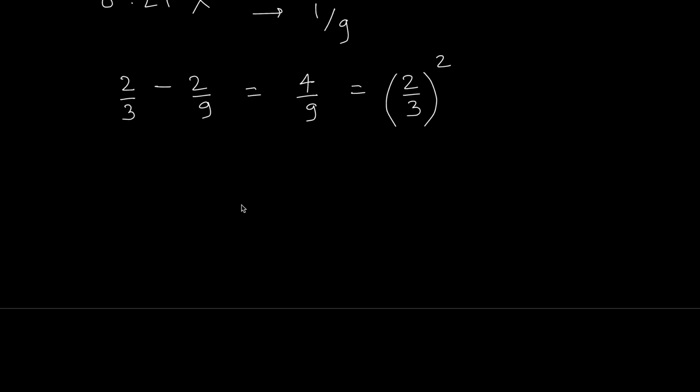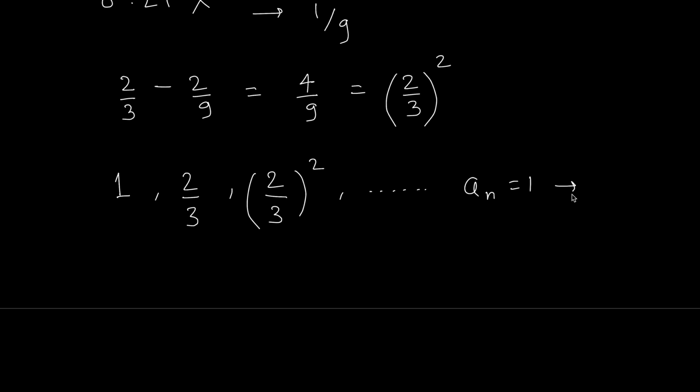So we can see there is a pattern. First the measure was 1, the next measure was 2 by 3 after deletion of A1 equals to 1. After deletion of A2 equals to 1, we got the remaining measure as this. So in general, after we delete An equals to 1, we will get a measure of 2 by 3 to the power n. But as n tends to infinity, the measure would tend to 0.